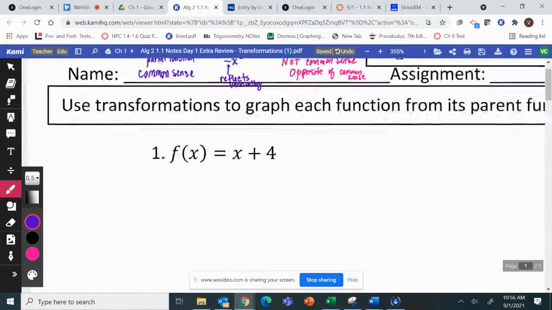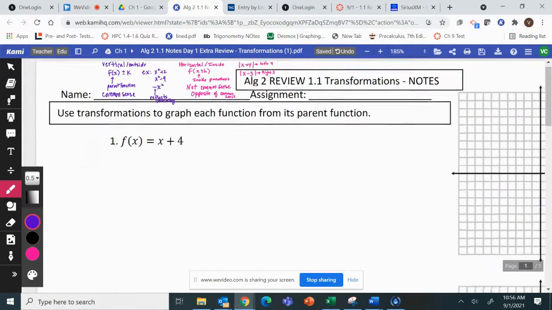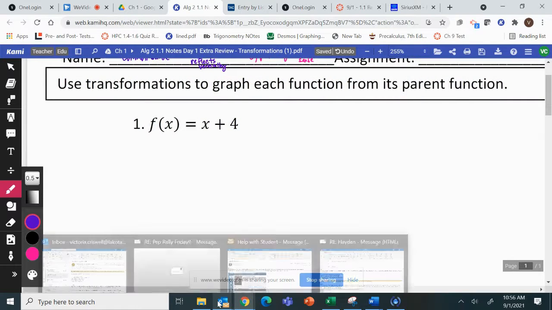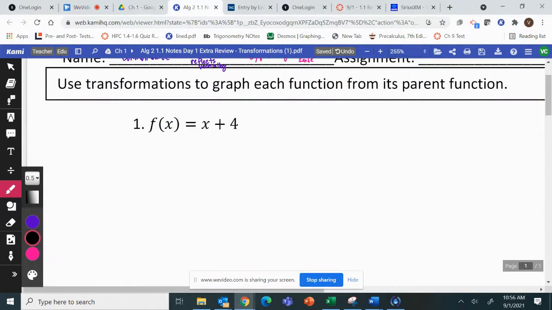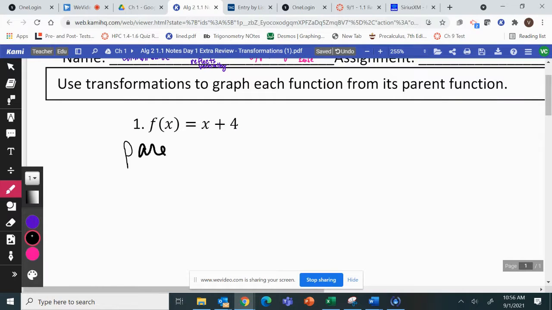So we are going to graph these using transformations. The first thing we want to do is determine the parent function. So f of x equals x plus 4. What is the parent function? For f of x equals x plus 4, what's the parent?